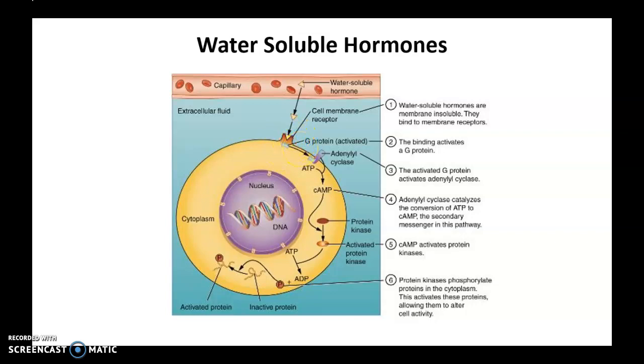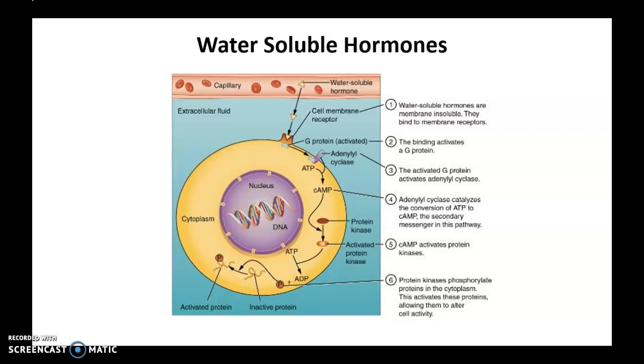It's an integral membrane protein that remains embedded within the plasma membrane. Now, water-soluble hormones do not enter the cell. They bind to the receptor, and that starts a cascade of reactions called second messenger system.